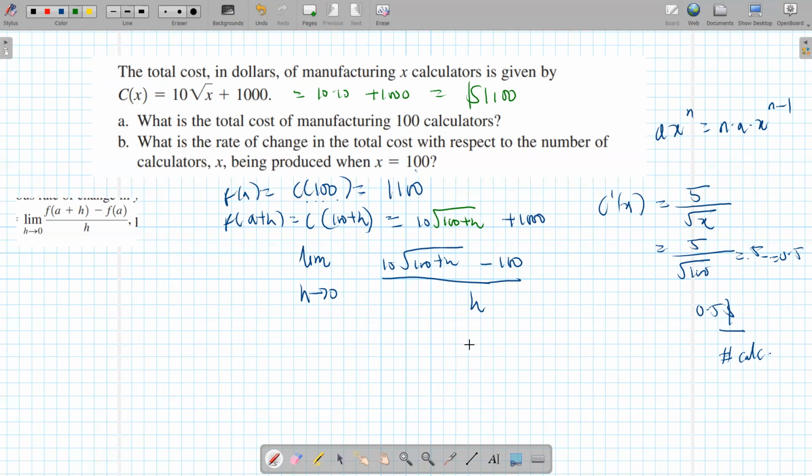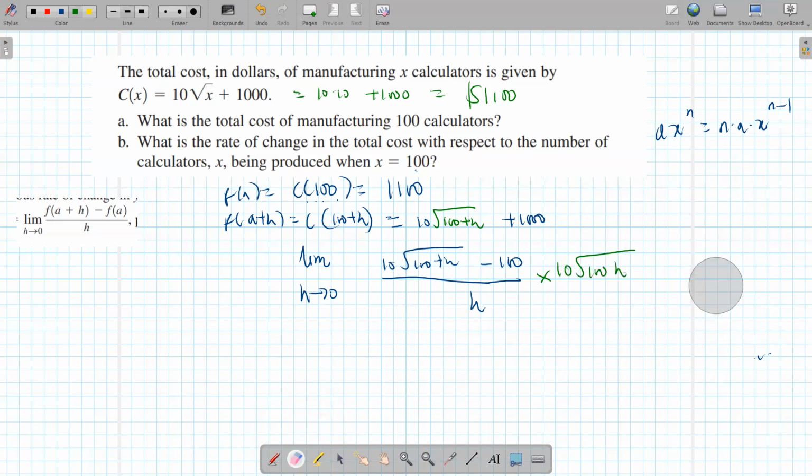If it was just 10 times 100 plus h, it'd be itself. But the fact that there's a minus 100 in there means the conjugate will be the same thing except with a plus 100 in the middle, because we need the difference of squares. Whatever you multiply the numerator with, the conjugate, you also need to multiply the denominator with that.